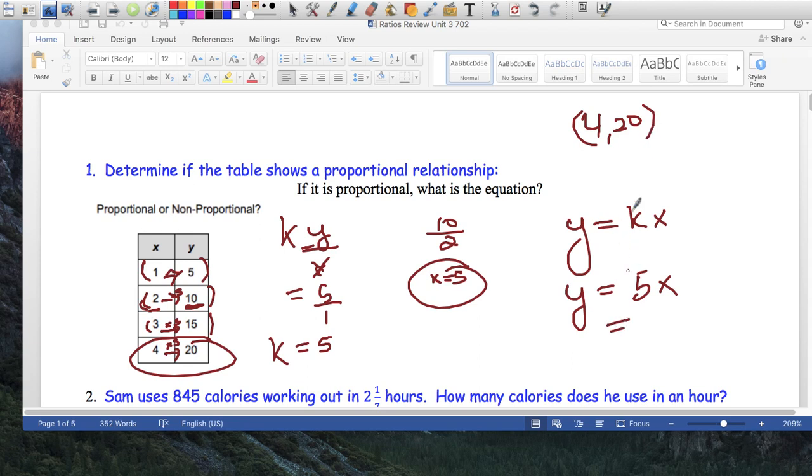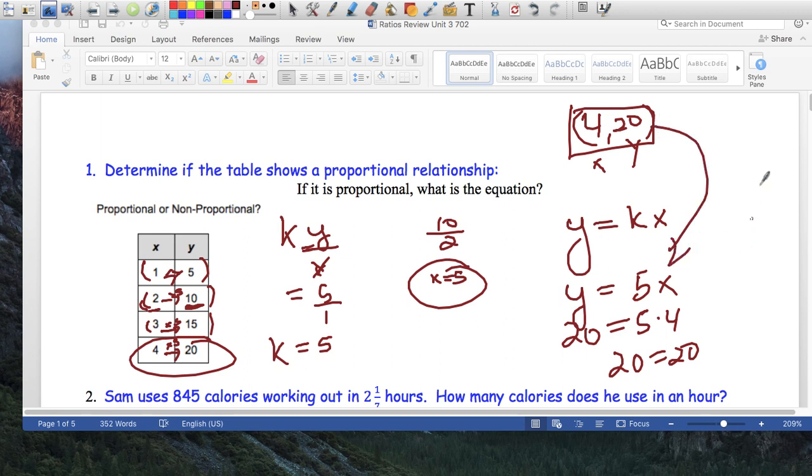I'm going to substitute, this is my y value, this is my x value, so I would get 20 equals 5 times 4, and you can tell that they're equal to each other, and therefore this point 4, 20 exists on this line, y equals 5x, which would look something like a line like that, and 4, 20 would belong on top of the line.